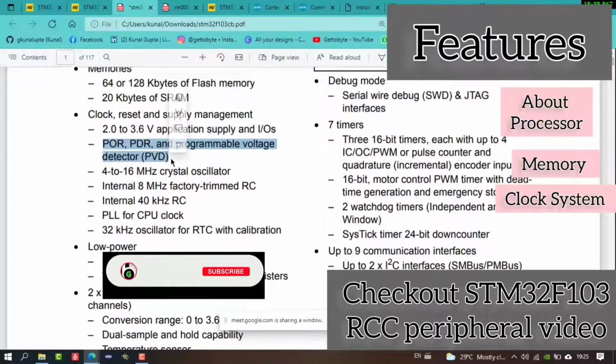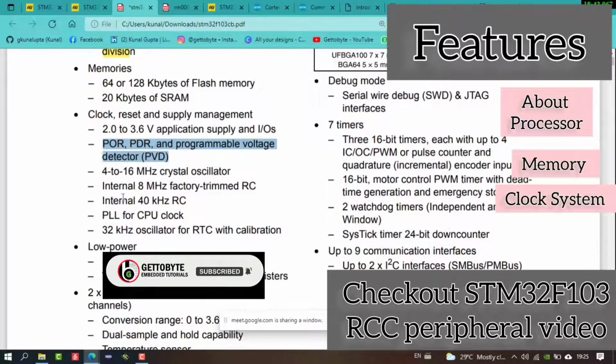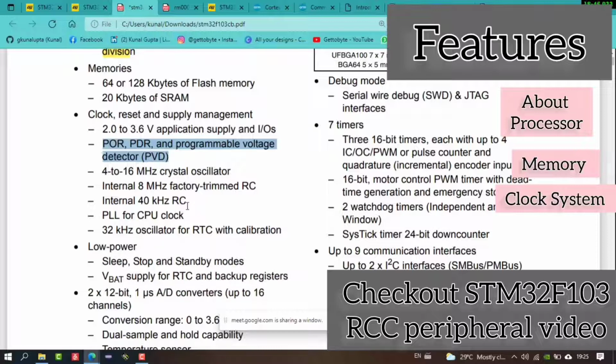Now what does each of these mean: POR, PDR, then PLL for CPU clock, internal 40 kilohertz RC. What exactly are these? In our microcontroller, for running it we have many clock subunits. These are some of the ways by which, as I have told you, it can be run up to 72 megahertz.